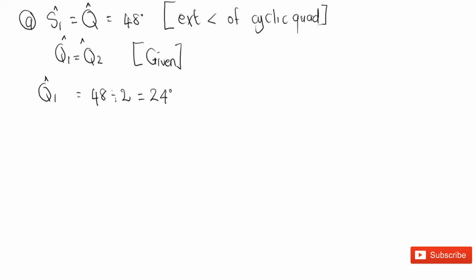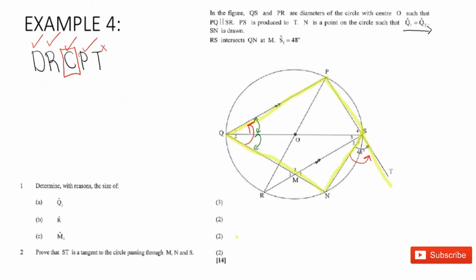And the other tip that I gave you guys is that you need to basically put that angle on your diagram, because that is going to help you in the future. Okay, so we're going to put that angle there is equal to 24 degrees, and you're going to put that angle there is equal to 24 degrees. Okay guys, so we've basically answered this question.